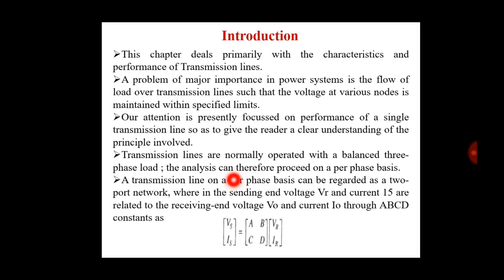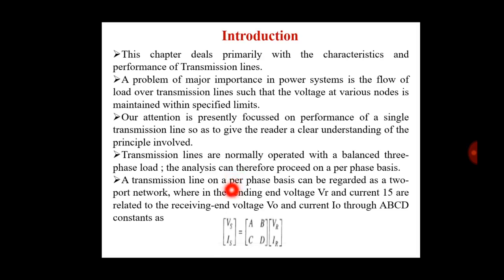Okay, so transmission line performance we find through the per phase basis. We studied the per phase basis in the first chapter. First we find the calculation of one phase, and then we find the other phases. So here we focus only on a single transmission line, and then we find the others.